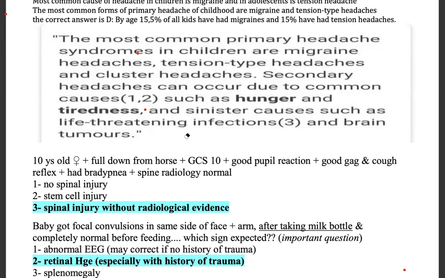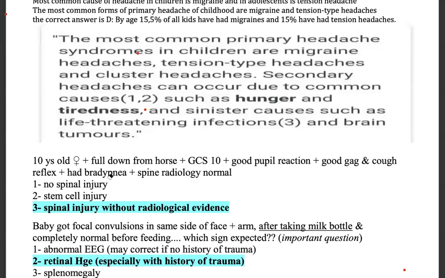Okay, so let's go to the next question. A 10-year-old female fell down from a horse, GCS 10, good pupil reaction, good gag and cough reflex, had bradypnea, and spine radiology is normal. So what is the answer?